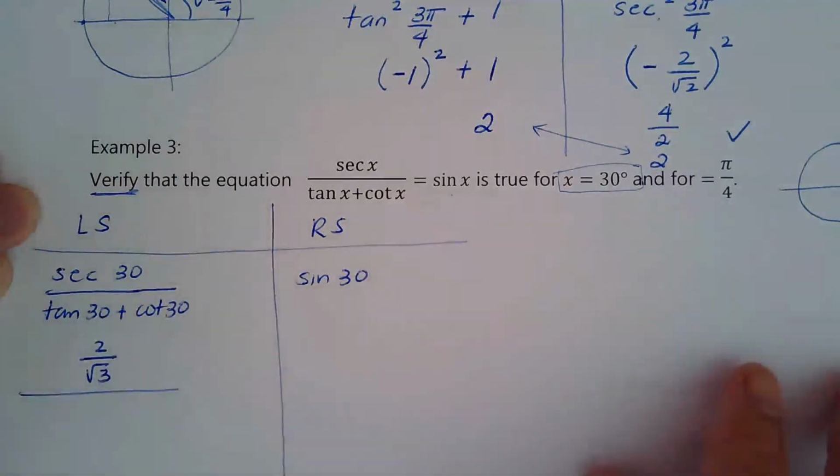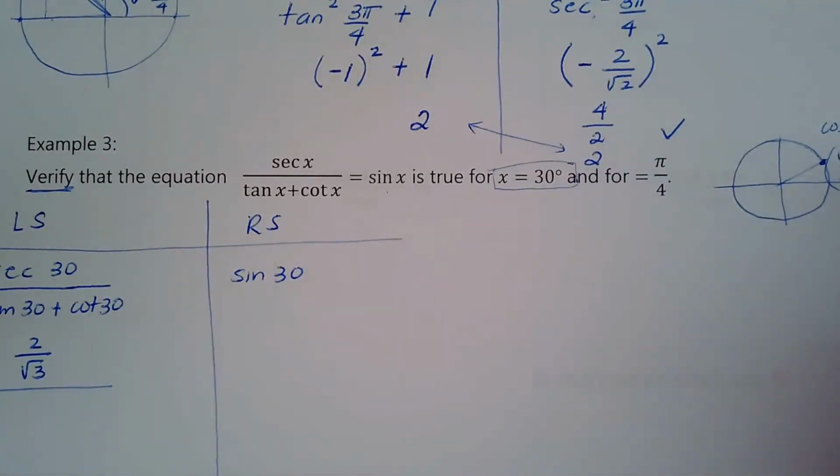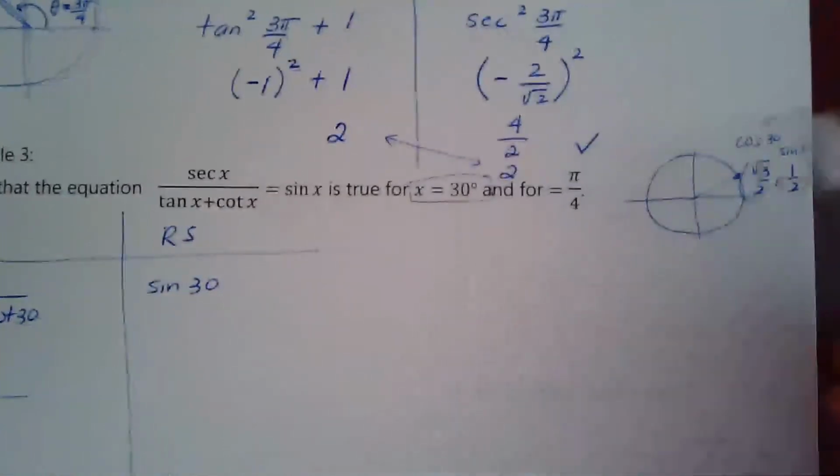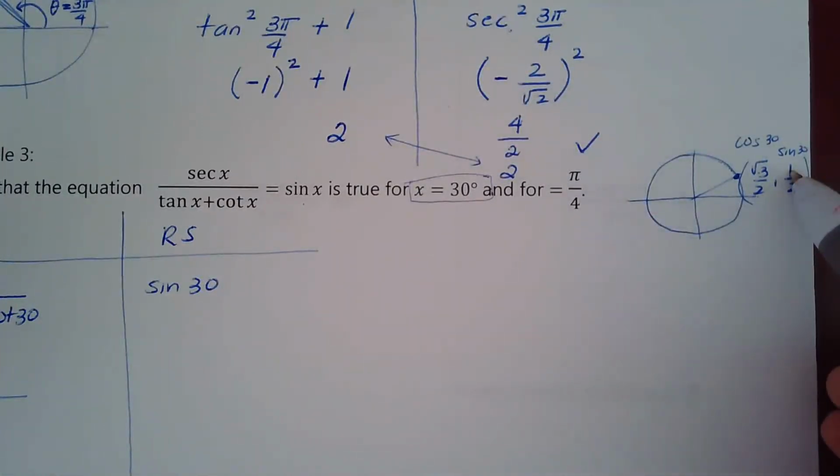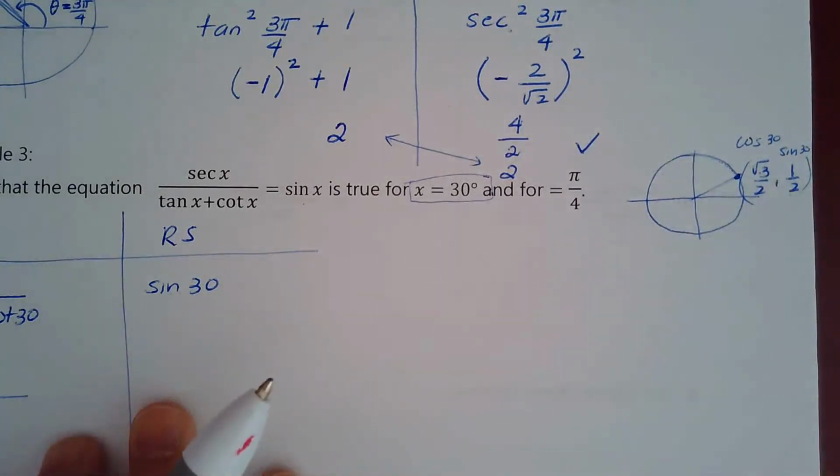Tan of 30 is sine of 30 divided by the cos of 30. So that's going to be 1/2 divided by root 3 over 2. Then the 2's would cancel, and we're left with 1 over root of 3.